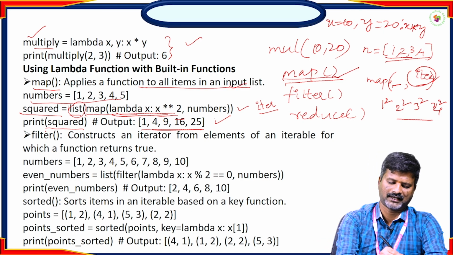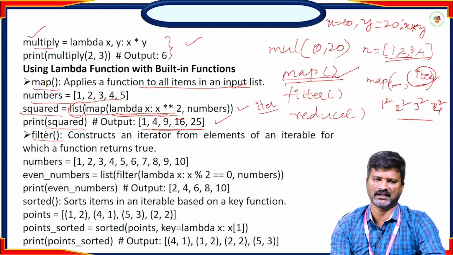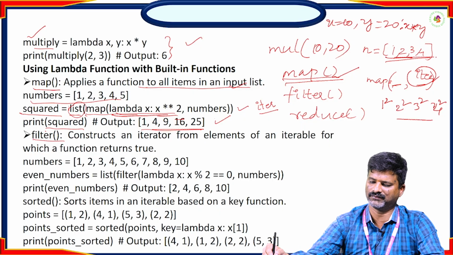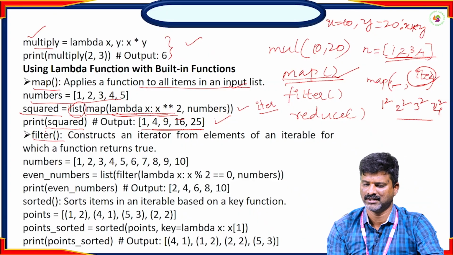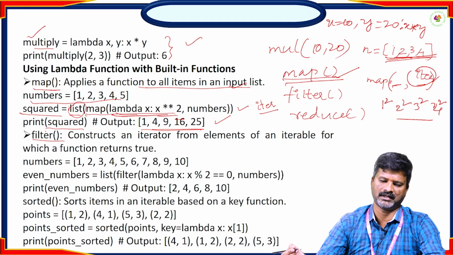Then coming to the second one, filter. Filter is another useful function we frequently use in our applications. For example, I have some list of elements, maybe 100 elements or 20 elements, whatever it may be, present in an iterable, maybe a list, a tuple, or a string.